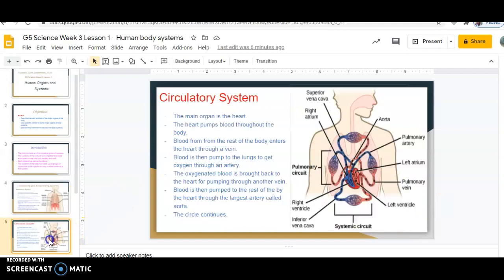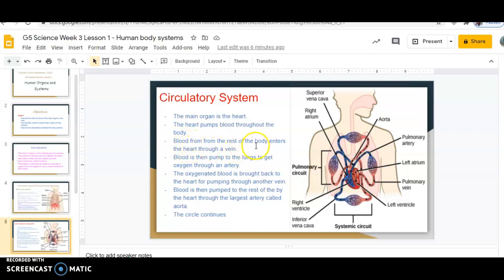Now, let's see the circulatory system. In the circulatory system, the main organ is the heart. This is the main organ in the circulatory system, and the heart pumps blood throughout the body.